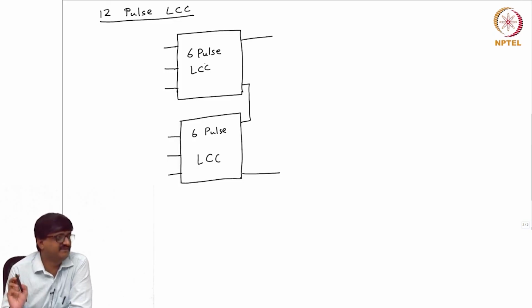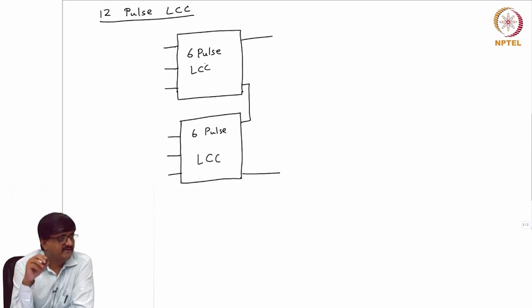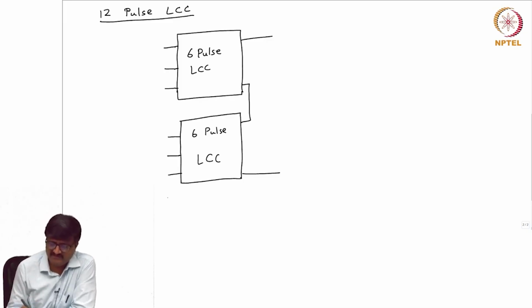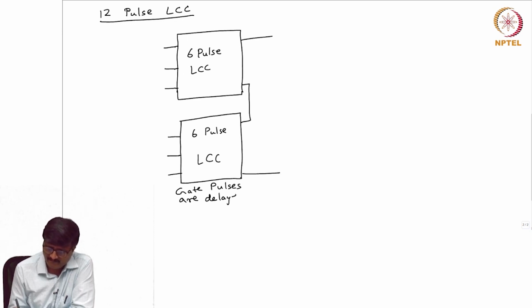Accordingly, the instant of gate pulse will be delayed by 30 degrees. So, with respect to the first 6 pulse LCC, the gate pulses of the second 6 pulse LCC are delayed by 30 degrees.